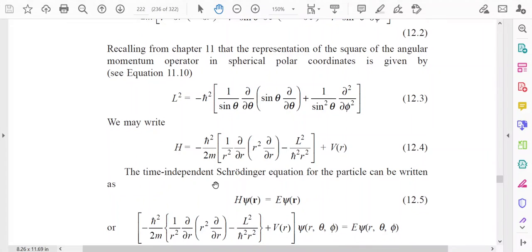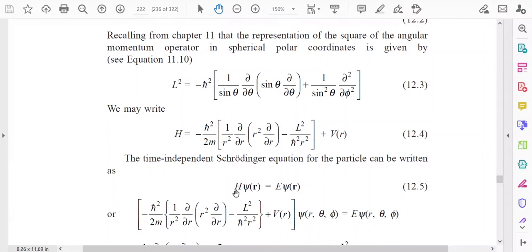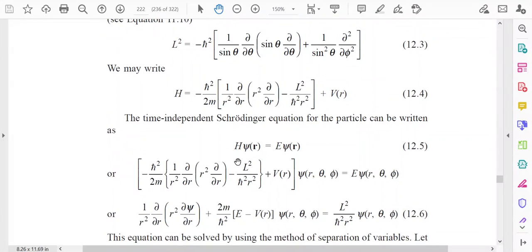The time independent Schrodinger equation for the particle can be written as H psi equals E psi. We know that is the time independent Schrodinger equation. So, using this Hamiltonian operator, let us write the time independent Schrodinger equation in spherical polar coordinates.